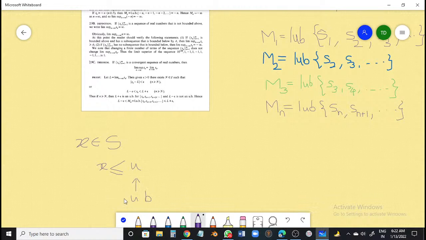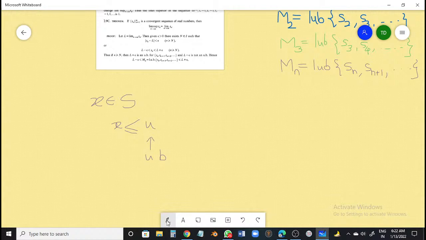And amongst all the upper bounds, we find the smallest of all, that is known as the least upper bound. Smallest of all the upper bounds we call the least upper bound.